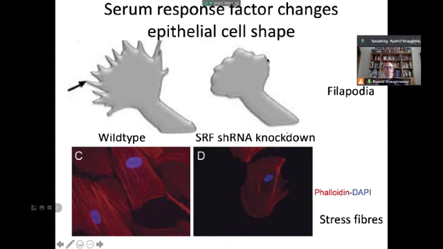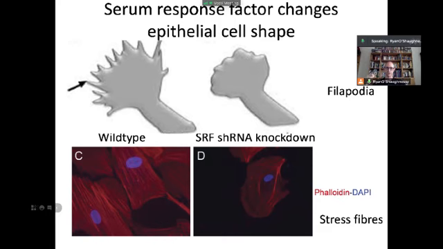What does serum response factor do? It can control the structure of the actin cytoskeleton in the cell. So in our wild type cells that are growing and moving, we can see these very well arranged filaments of actin, and filamentous actin or F-actin can be detected using the toxin phalloidin.